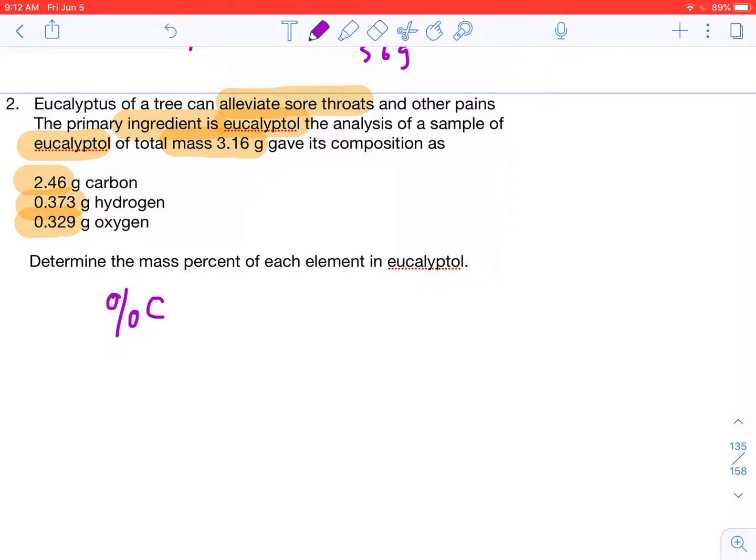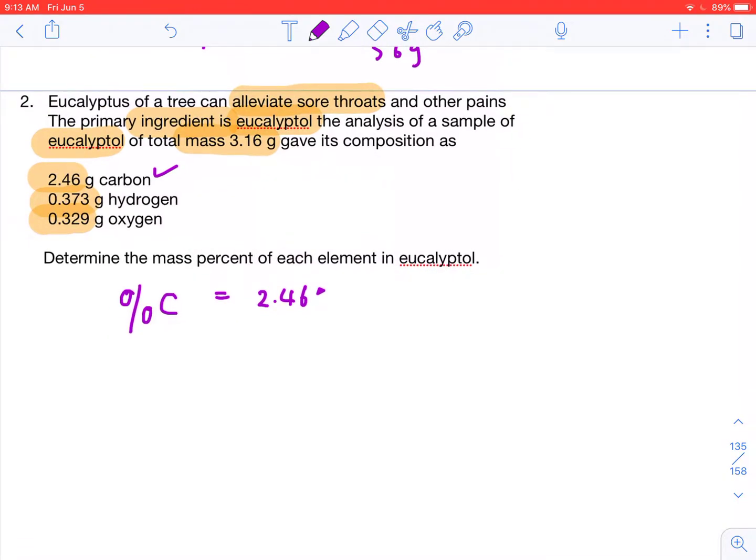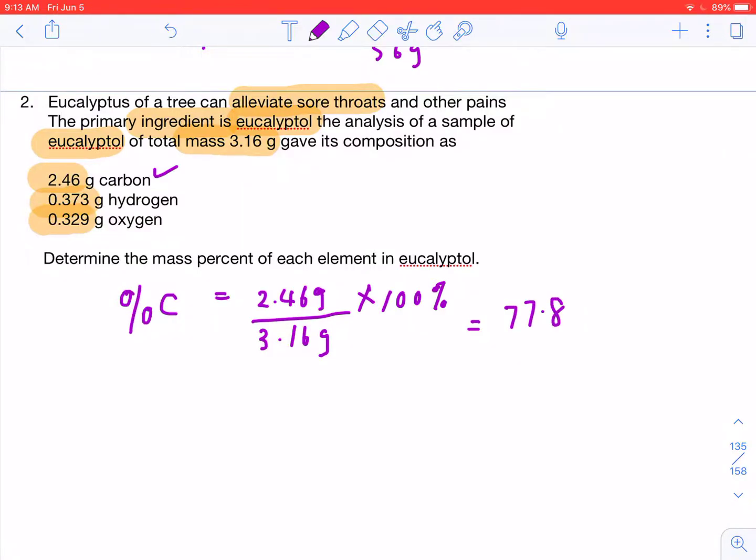If we want percentage of carbon, we know carbon is 2.46 grams all upon 3.16 grams times 100 percent, which is then equal to 77.8%.